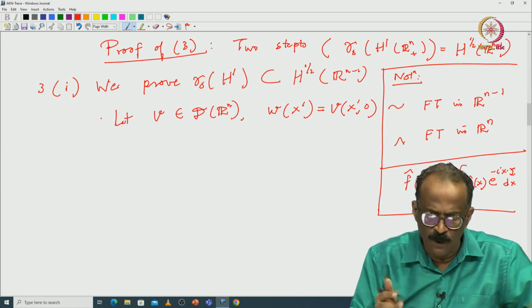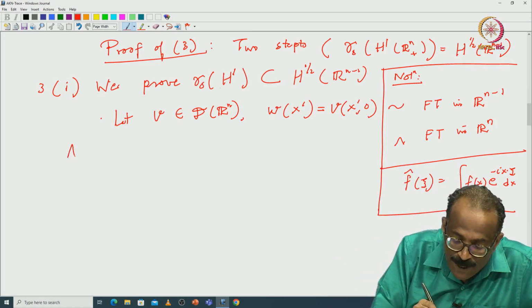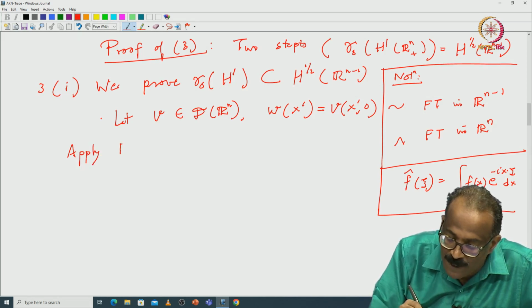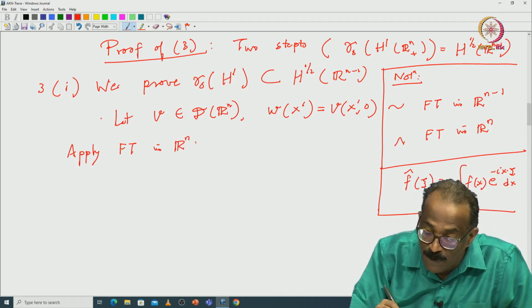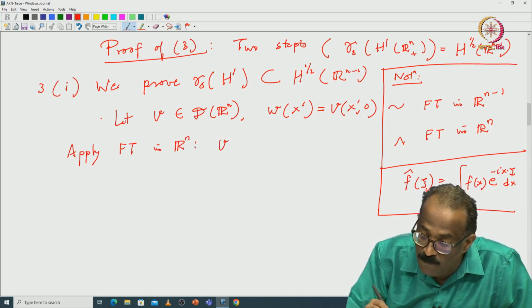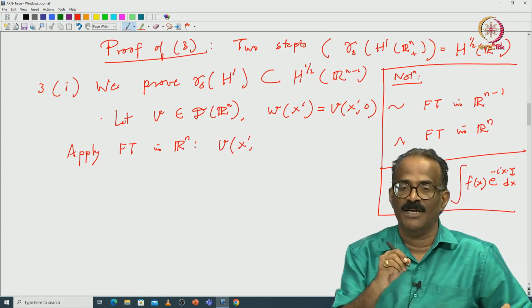Okay. So, I am going to apply the Fourier transform in Rn first. I am going to do both ways. I am going to apply the Fourier transform for V of x prime, xn, and then I put xn equal to 0.